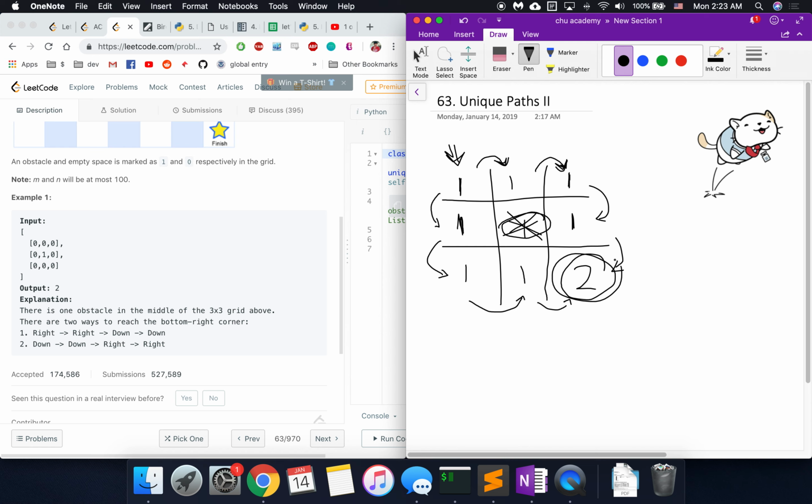So for any square that isn't in the top row or the leftmost column, you can get there by coming from above or from the left. But for the topmost row squares, the only way you can get there is from the left, and for the leftmost column squares, the only way you can get there is from above.